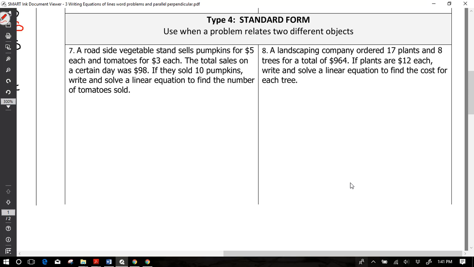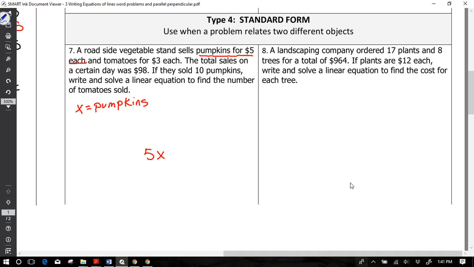A roadside vegetable stand sells pumpkins for $5 each. So X is going to equal pumpkins. And the way that I would write, they sell them for $5 each, would be 5x.